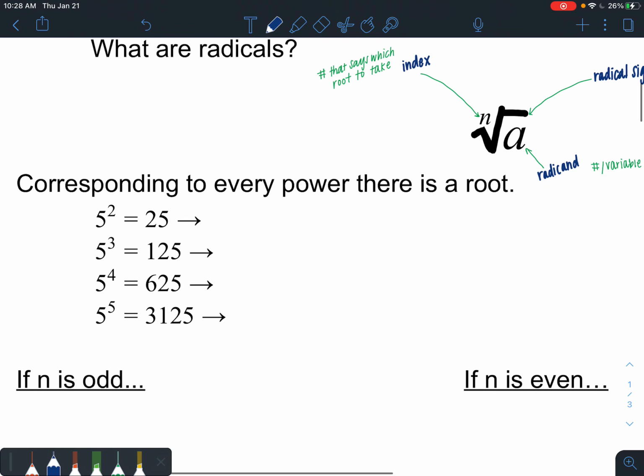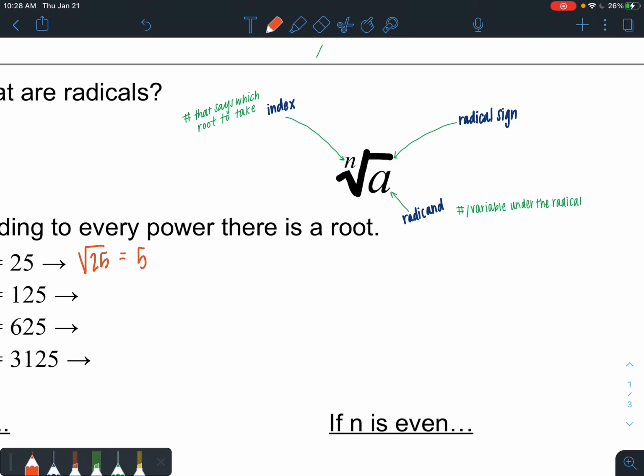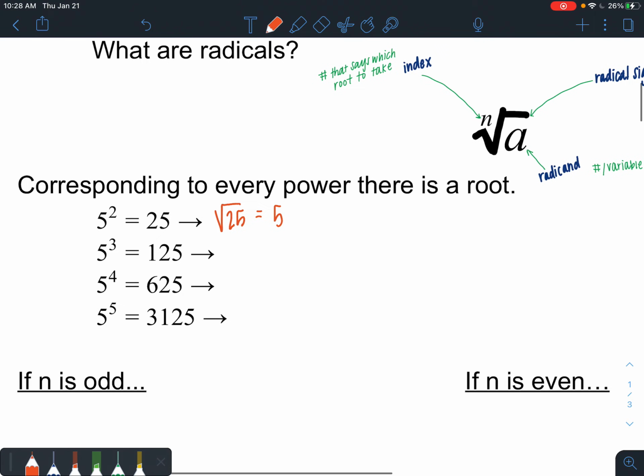Okay, so every power has a root. So if I have 5 squared, that equals 25. The square root of 25 is also equal to 5. So it undoes the thing. So a square root undoes a square. A cube root undoes a cube.